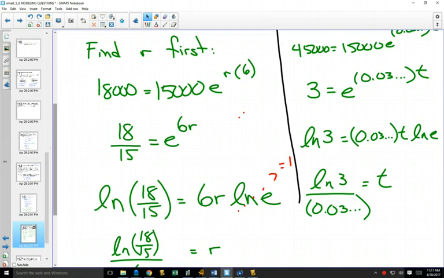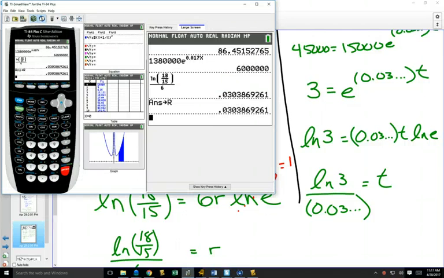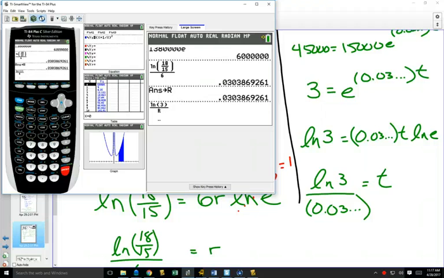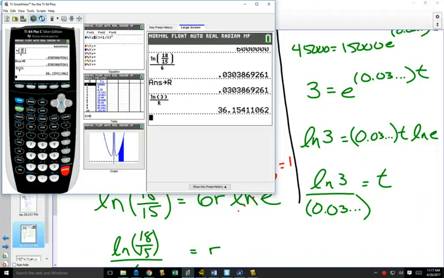And when we go to our calculator, we can write our fraction natural log of 3 divided by our R value. Of course, in this case, if you would have just gone second answer on the bottom, that would be fine as well because it's our answer right above. But sometimes you have to do other calculations in between, so it is nice to store that value. And we get 36.15.